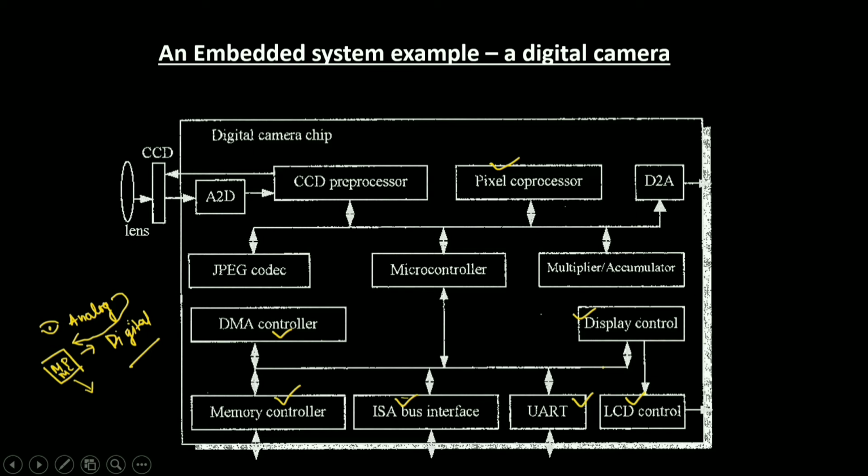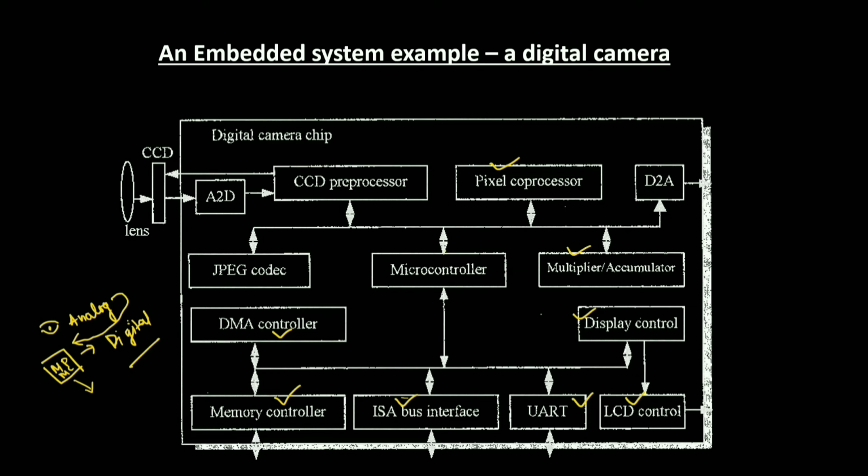The multiplier and accumulator circuit performs a particular, frequently executed multiply or accumulate computation faster than the microcontroller could. At the heart of the system is the microcontroller.